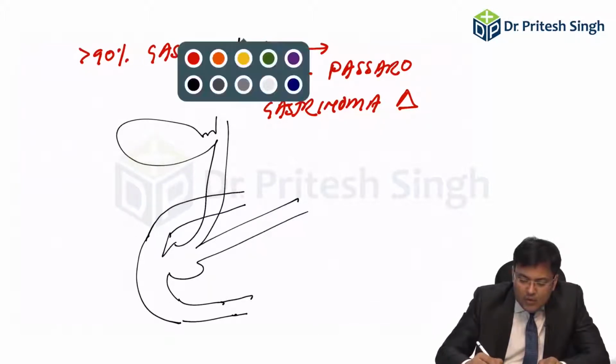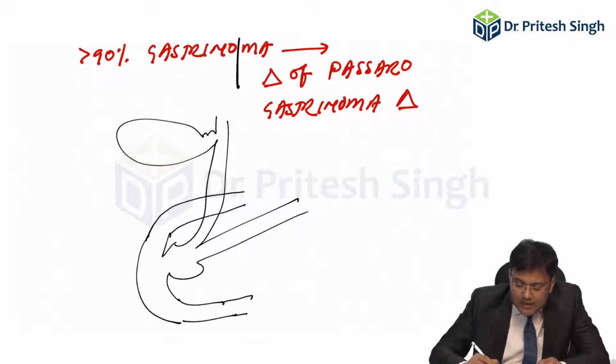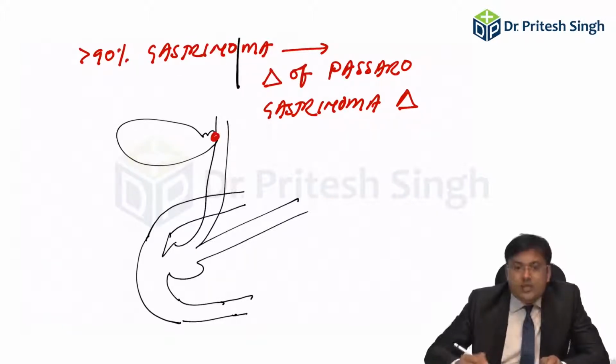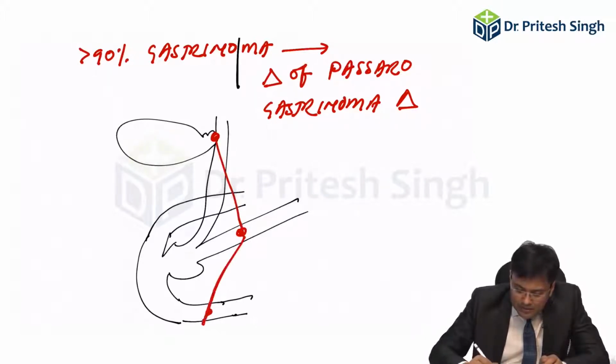So you can see what the boundaries are. The boundaries are, can you see, cystic duct-CBD junction, body and neck of pancreas, and second and third part of duodenum.